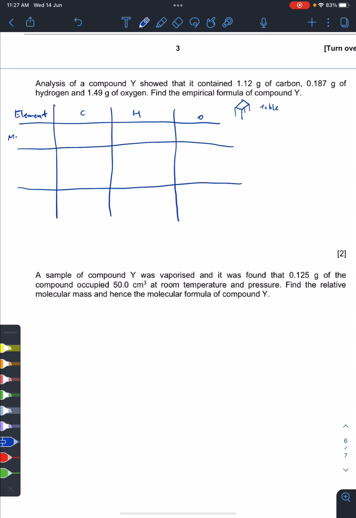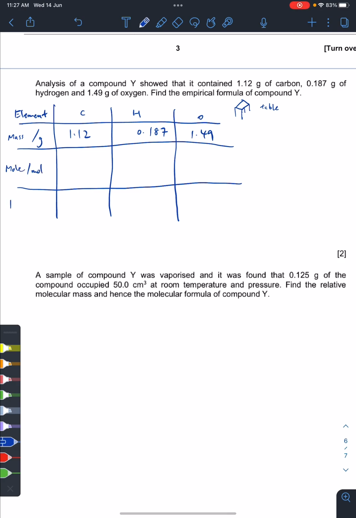So not percentage by mass. You are given mass in this case, so we write mass. Mass and percentage by mass, almost the same idea. Okay, let me find a calculator. If you remember the hack, second step change to mole.